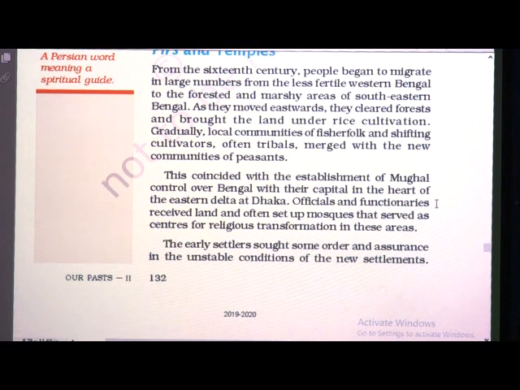Officials and functionaries received land and often set up mosques that served as centers for religious transformation in these areas.